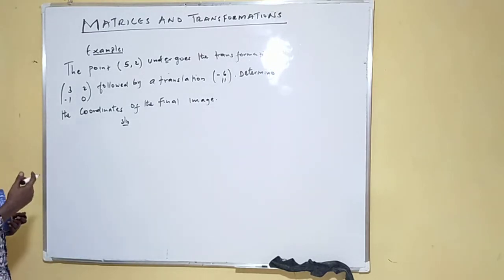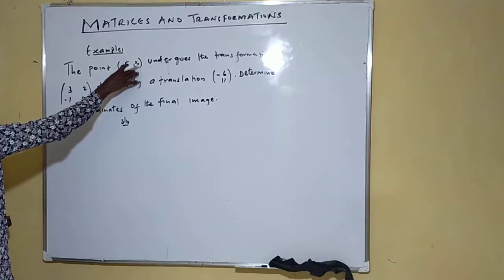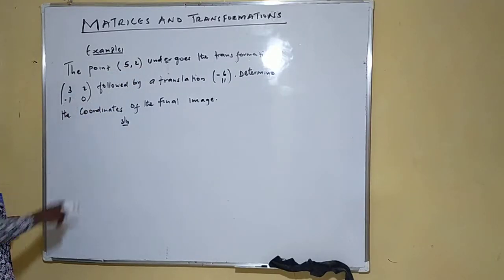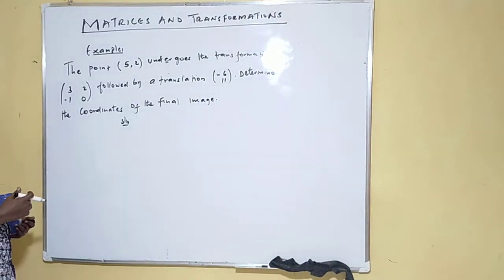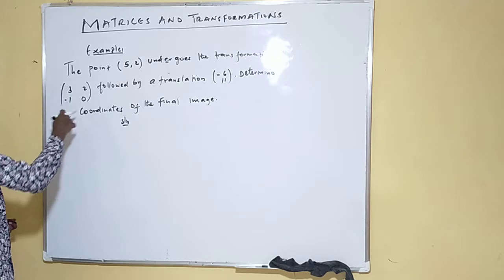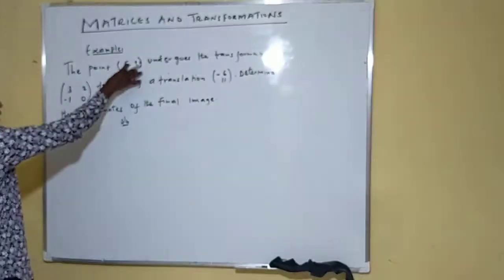When you go to this question and read, you realize that this is an object point. For you to get the image point after the matrix transformation given, you're going to get the first image. So how are you going to get your first image? You're going to say this matrix multiplied by the object point.